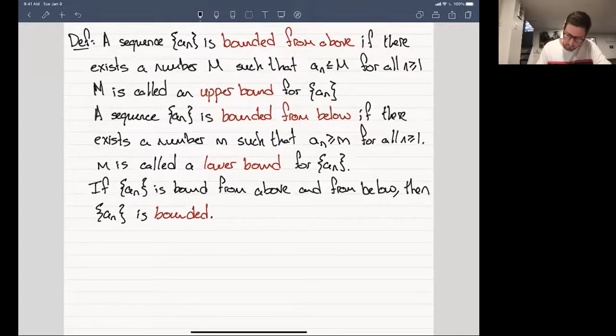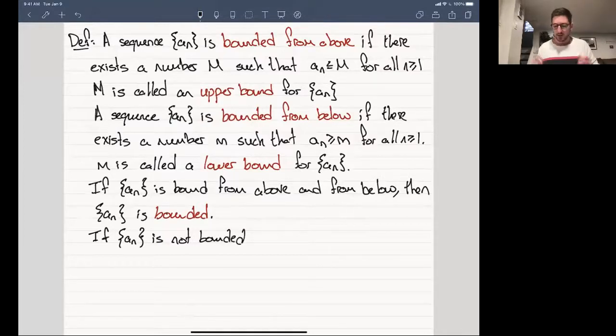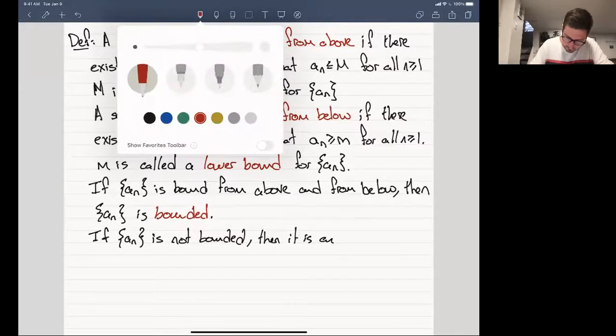And then the final piece of this, I know it's a long definition, bear with me. If a_n is not bounded, so if there does not exist either an upper or a lower bound, then it is an unbounded sequence.